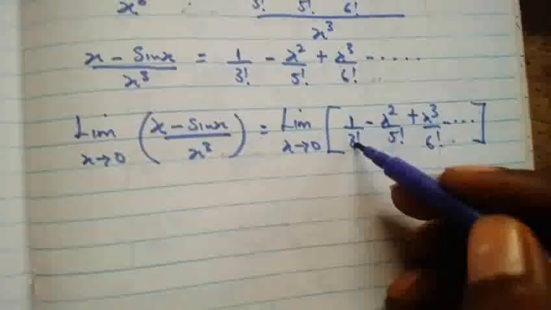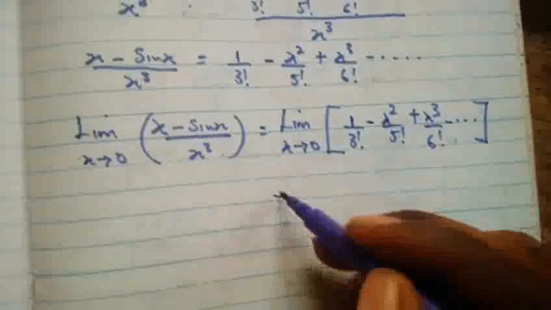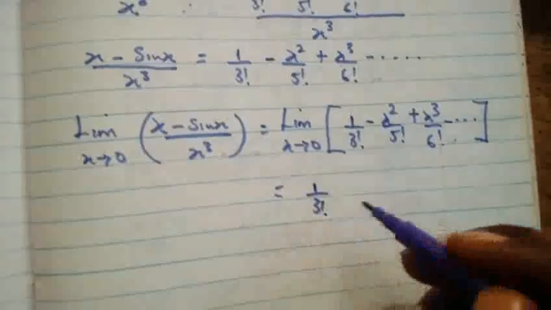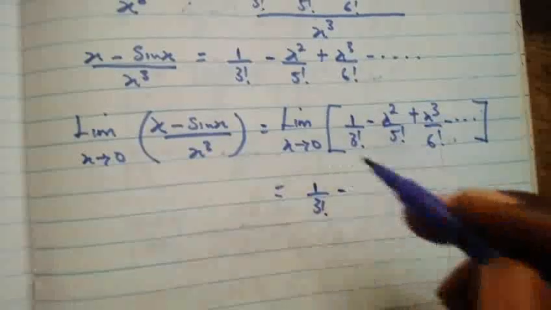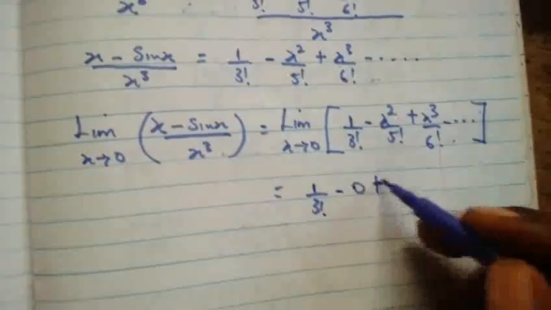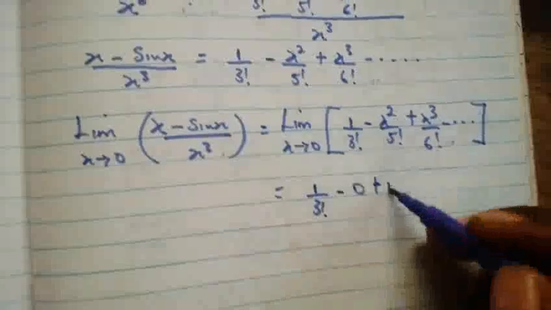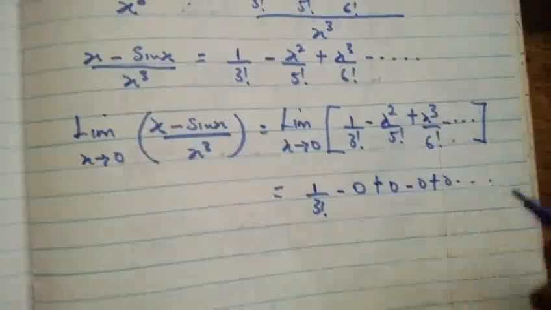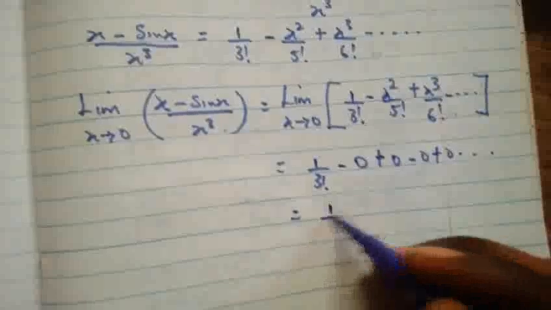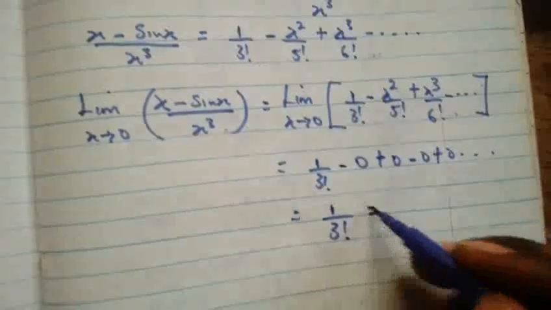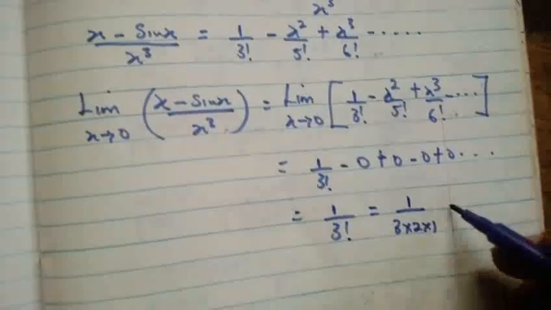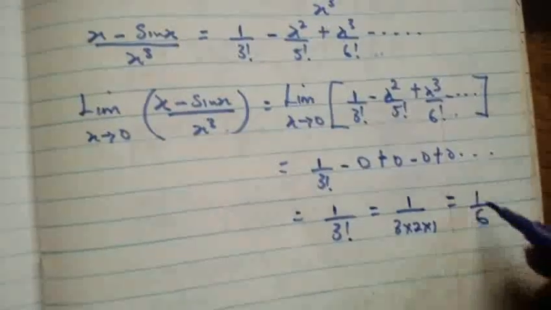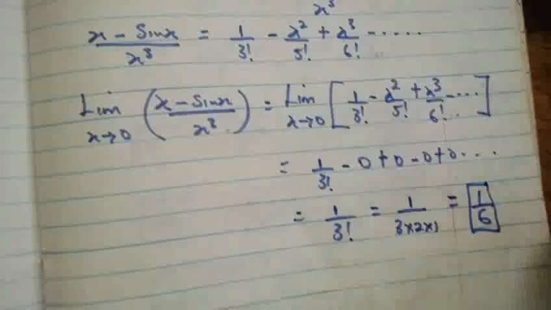Now 1 all over 3 factorial as x is approaching 0 is just 1 all over 3 factorial. Minus x squared over 5 factorial as x is approaching 0 is 0, plus x cubed over 6 factorial as x is approaching 0 is 0, minus 0 plus 0, and so on. And this is exactly equal to 1 all over 3 factorial, and this is equal to 1 all over 3 times 2 times 1, and that is equal to 1 all over 6. Thus we prove the limit.